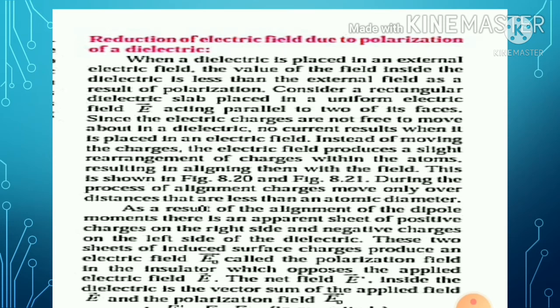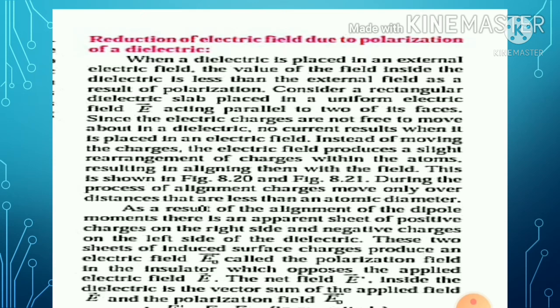The net electric field E dash bar inside the dielectric slab is the vector sum of the applied electric field E bar and the polarization electric field E0 bar.